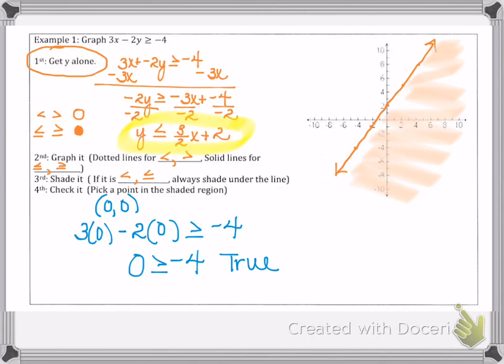And we could have predicted that as well, because when we solved the inequality for y alone, we had a less than or equal to sign, so that means we're going to shade underneath. Because 0, 0 gave us a true, and that's in the shaded region, right about there.